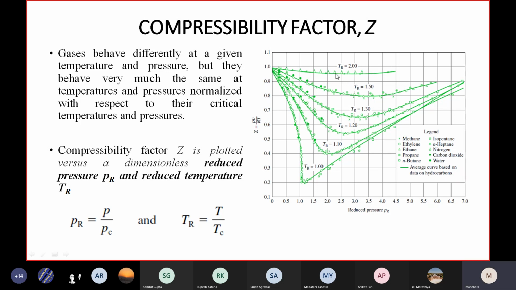Such a high temperature, it is behaving as an ideal gas. And the third thing is that all gases behave as real gases near the reduced pressure ratio of 1, or around 1 over here.